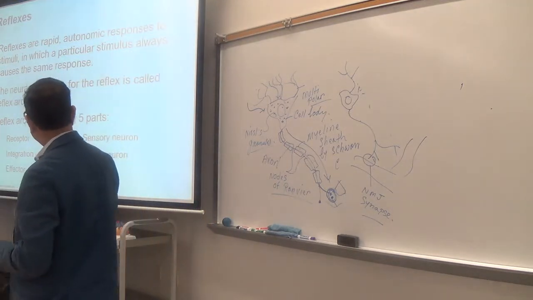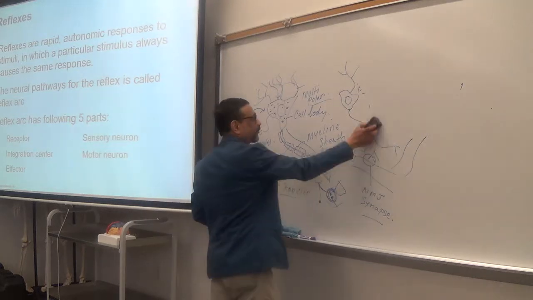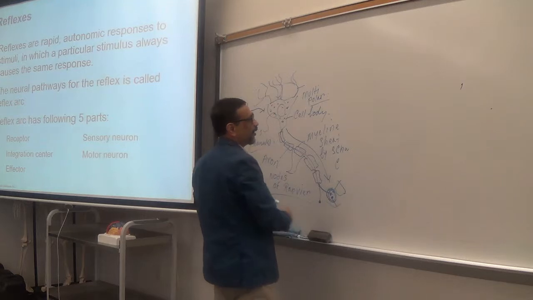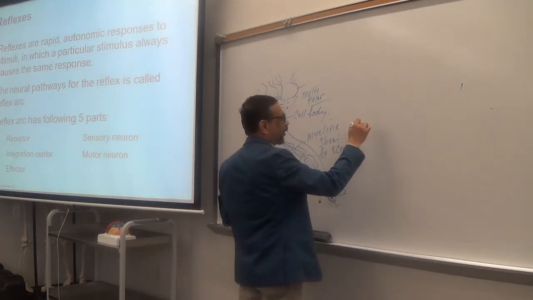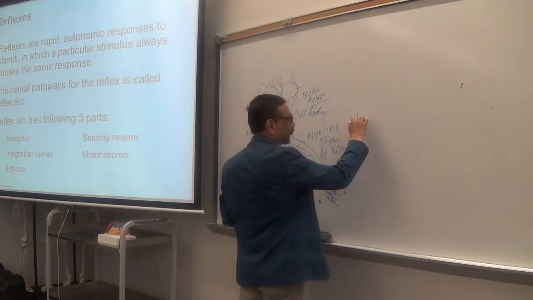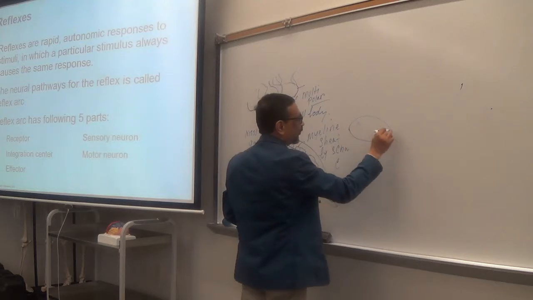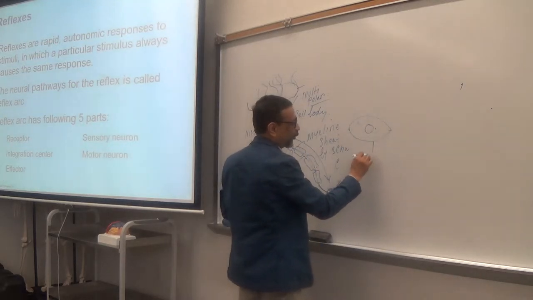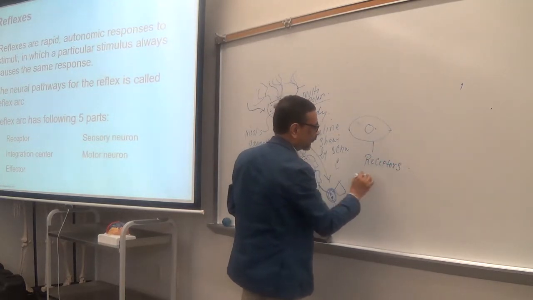Okay. Now, reflex has 5 parts. Receptors, for example, this is your eye, okay, and you have retina of the eye where you have the receptors, photoreceptors.